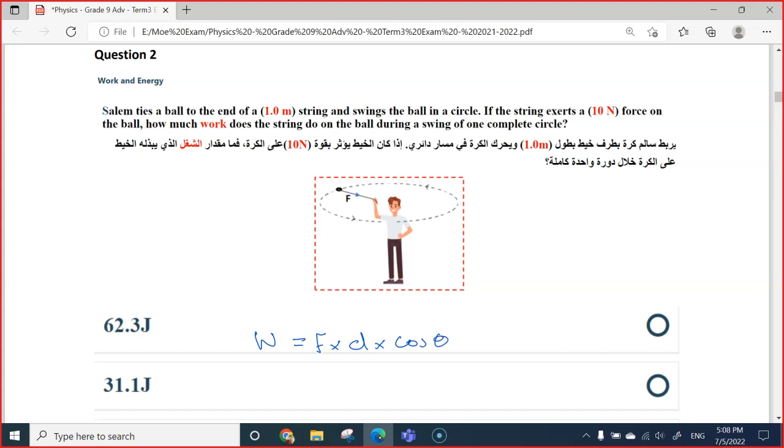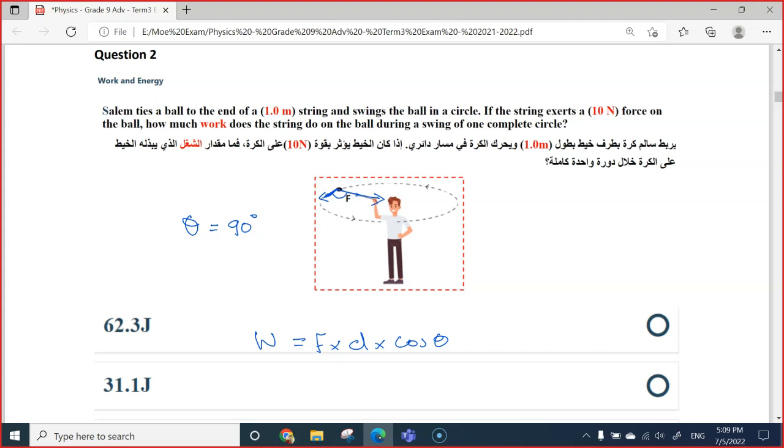So in this, force is acting towards the center of the circular path, and here you can see the displacement will be along this direction. So the angle between force and displacement is equal to 90 degree. So in this question, angle theta is equal to 90 degree.